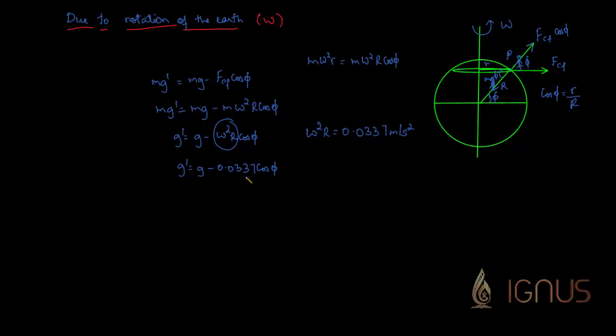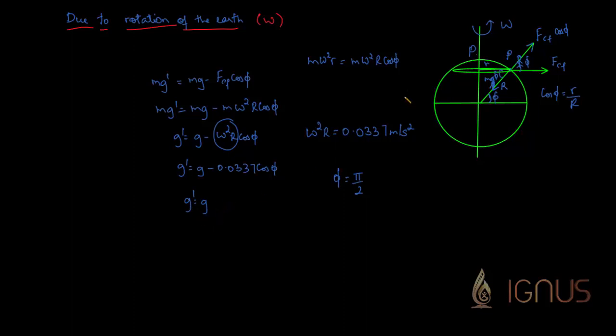So let me look at what will happen if the person is at the pole, that is here. If this would be my point P, that means phi is equal to pi by 2. So we know that cos pi by 2 is nothing but 0. Therefore, g dash will be equal to g. Therefore, at the poles, g dash is nothing but g itself.